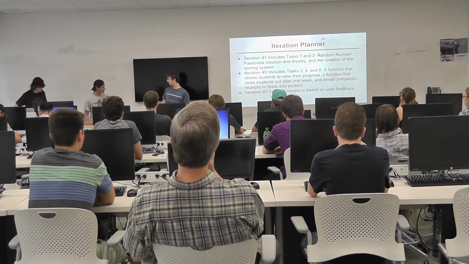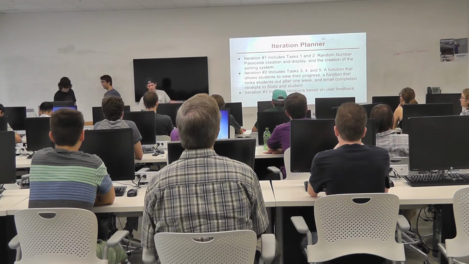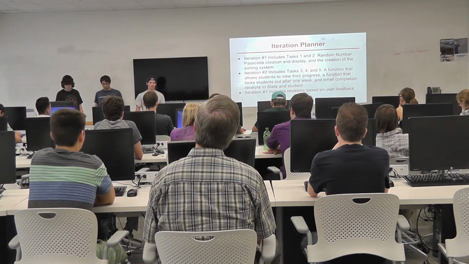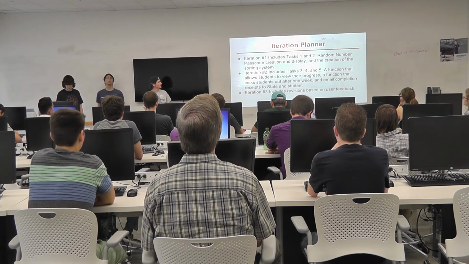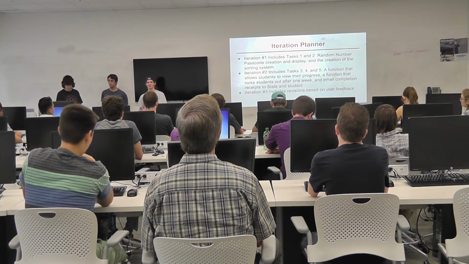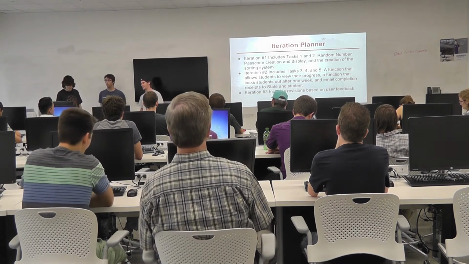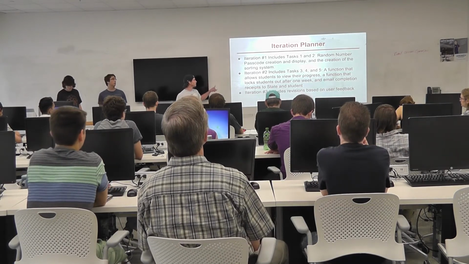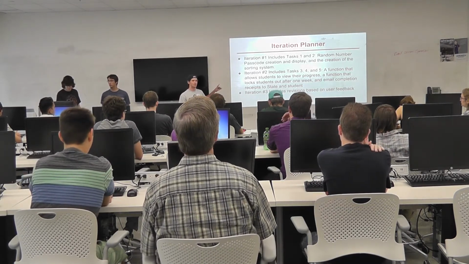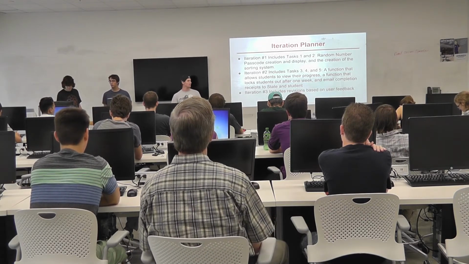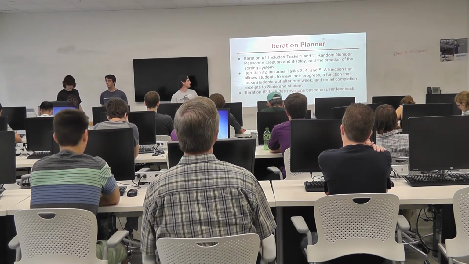Alright. As the iteration planner, I worked with Brandon and took his tasks that he put together and figured out how long they would take and planned iterations based on how many days and how many work days they would take. I came up with that the first iteration would have the random number generator passcode and a sorting system that sorted them based on which kind of ticket they got, and we can watch which videos based on that.